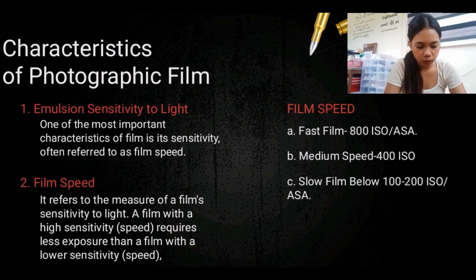Slow film, below 100 to 200 ISO or ASA. ISO 100 or 200 film speed is best for bright lighting conditions and outdoor photography. As this is a slower film, more light will be required for exposures.